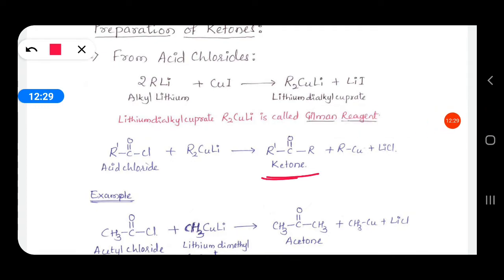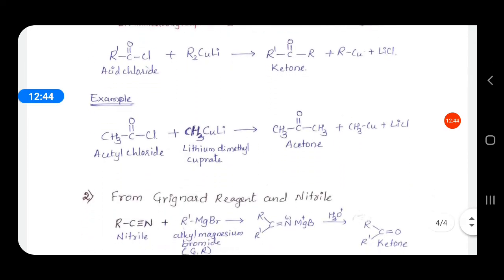Depending upon the ketone we want to synthesize, the alkyl group in the Gilman reagent should be chosen. For example, acetyl chloride is treated with lithium dimethyl cuprate.